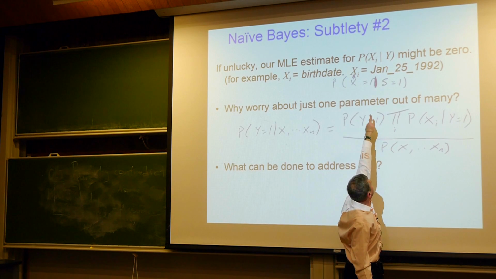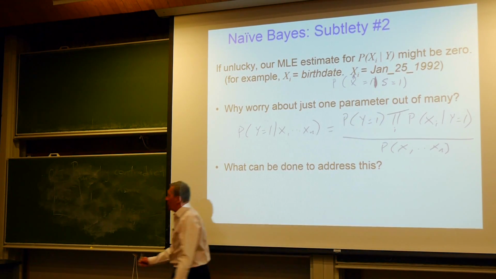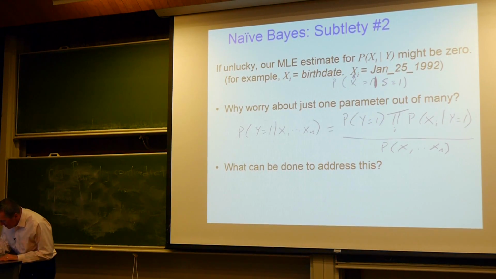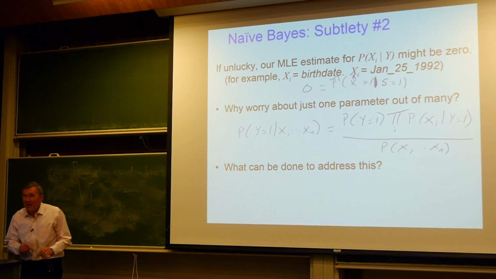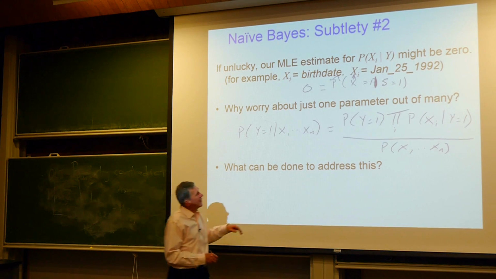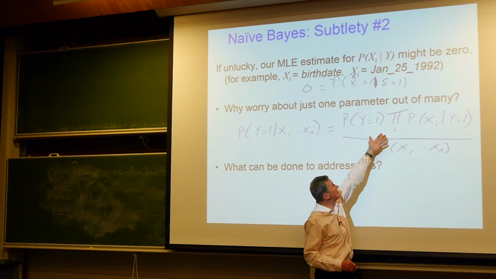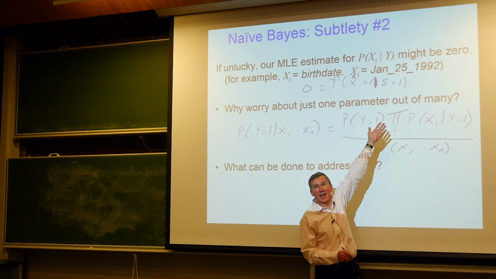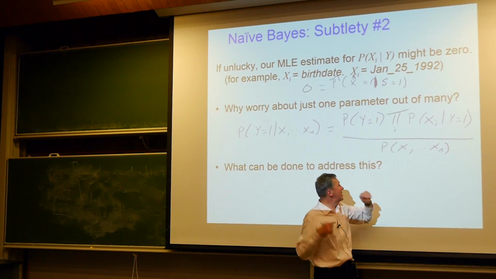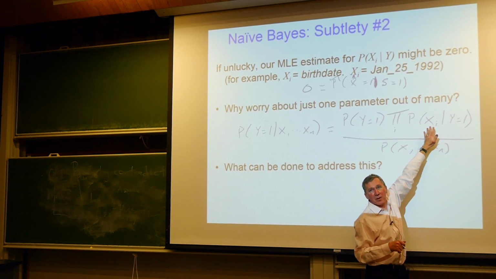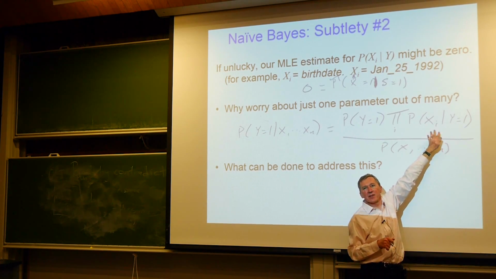And so if our maximum likelihood estimate for this probability, where the hat means that it's an estimate, is 0, then if we test our classifier on somebody who was born on a day different from the training examples, there will be a 0 as one of these terms.